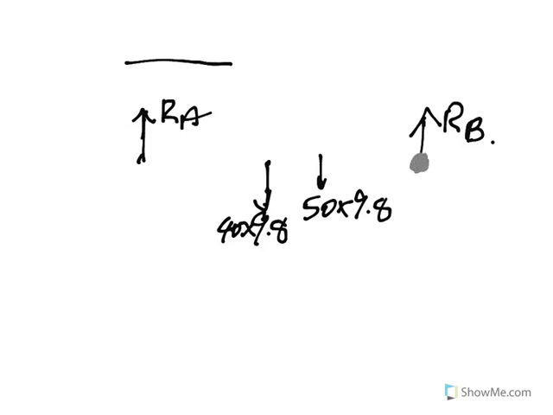So I'm going to take the point of rotation here about B. If I take the torque about B, then we've got torques in a clockwise and an anti-clockwise direction. This RA will be in the clockwise direction, and these ones here will be in the anti-clockwise direction.